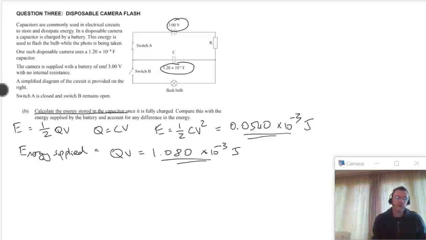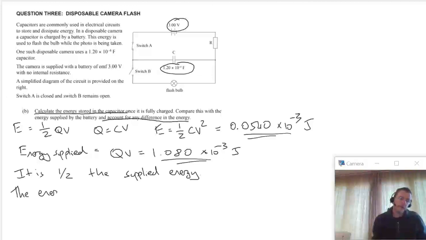And then compare the two. It is half the supplied energy. All right, and account for any difference in the energy.